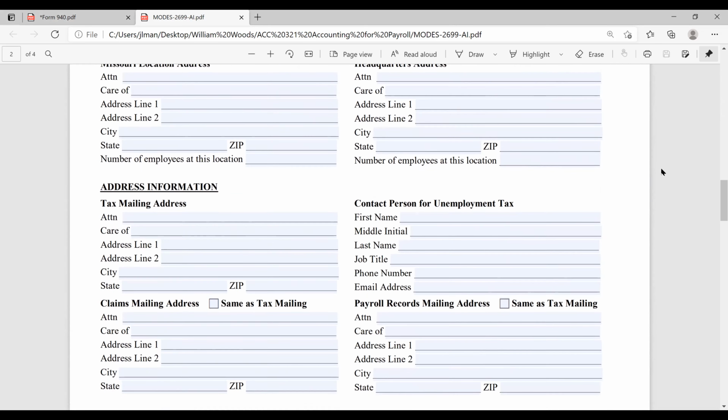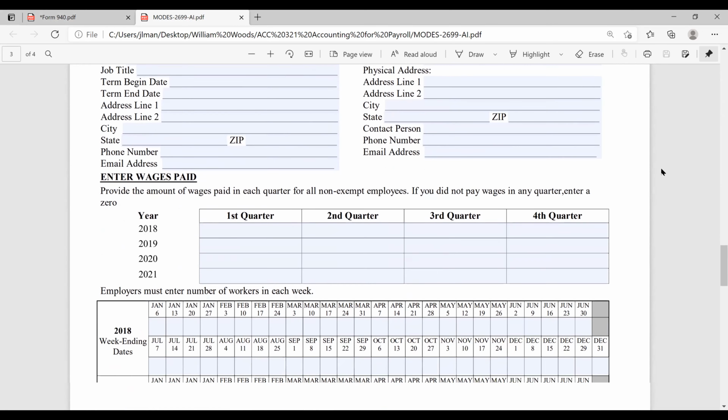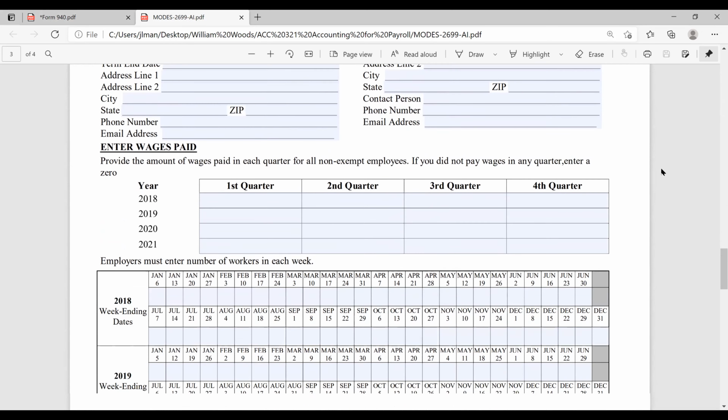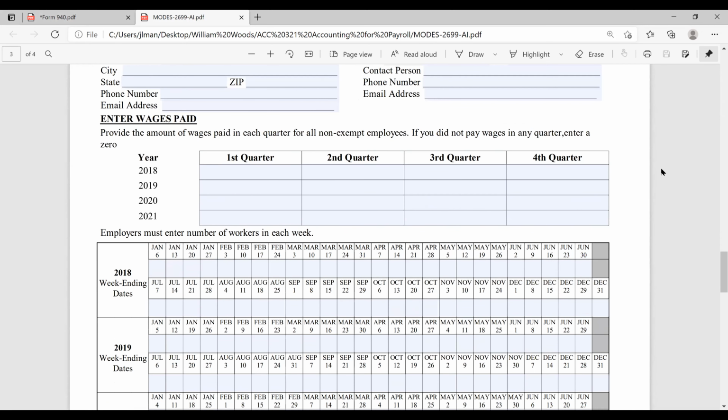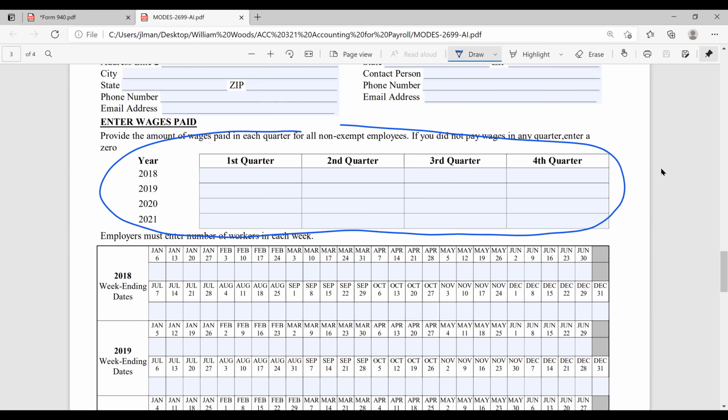Then responsible party information, and then wages paid. It's wanting us to put in the amount of wages paid in the current year, and it looks like 3 previous years, if applicable.